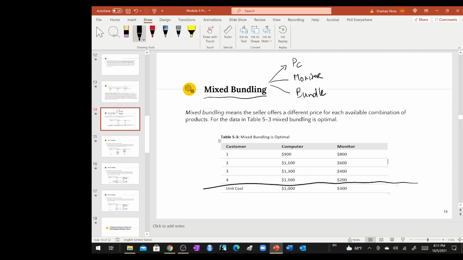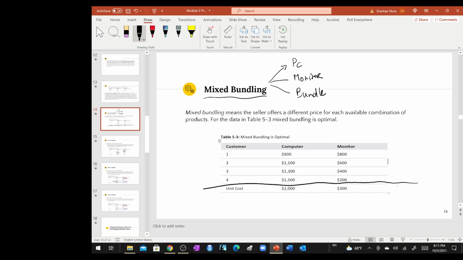How much is the unit cost of the PC? It's 1,000. And the monitor is not a complementary product. In such a sense, when we took the example of the razor and the blades, you have to buy many different blades for one razor. Over here, usually you buy one monitor for the lifetime of the computer, right?